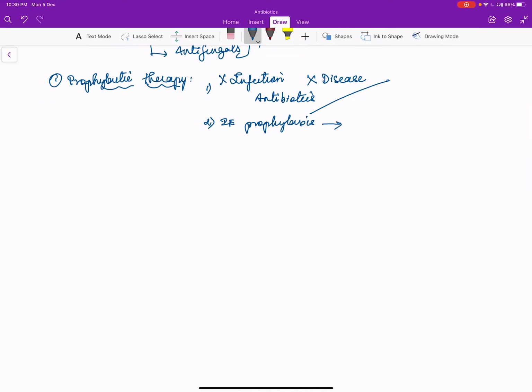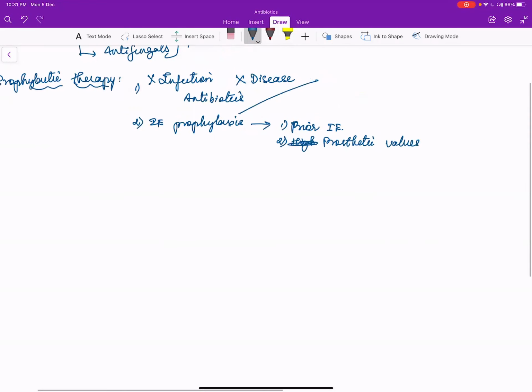Just one quick point: for infective endocarditis prophylaxis, the current indications are prior infective endocarditis and prosthetic valves. These are the usual two indications where we give it. Not for all valvular lesions do we give infective endocarditis prophylaxis nowadays.